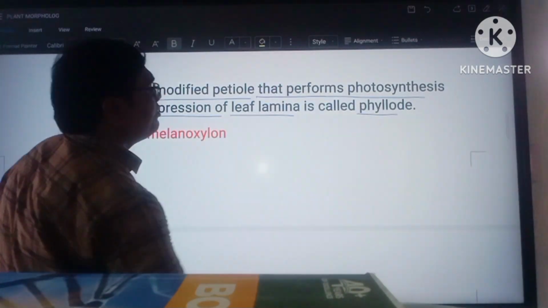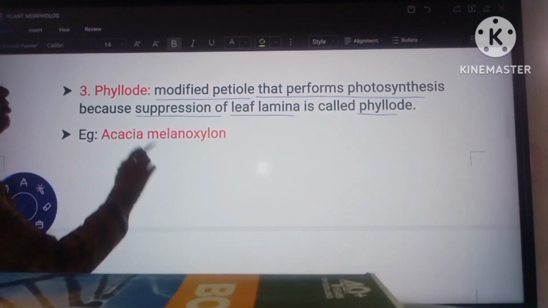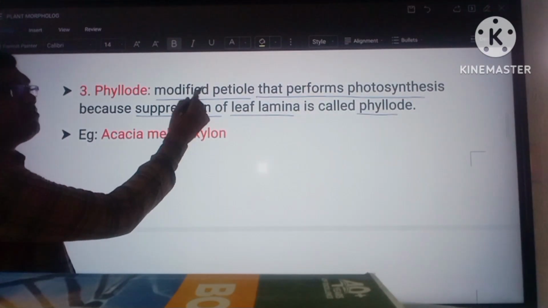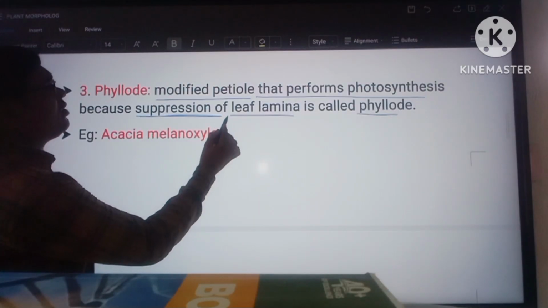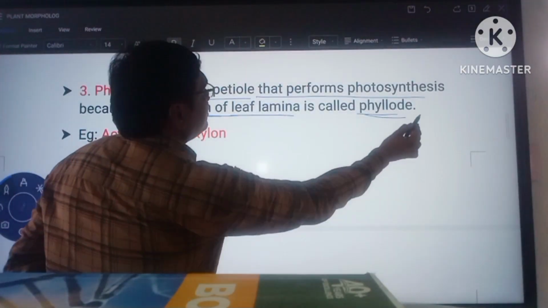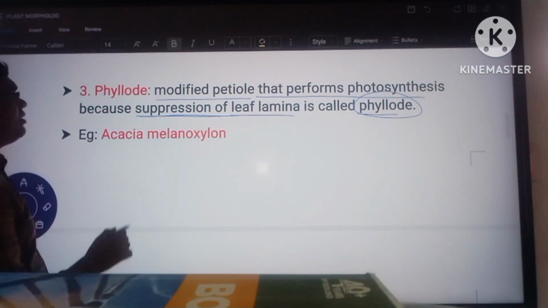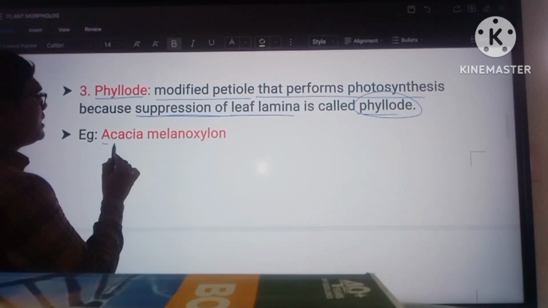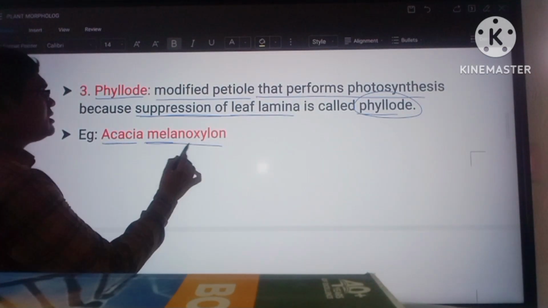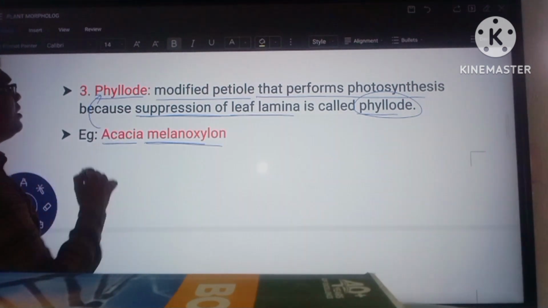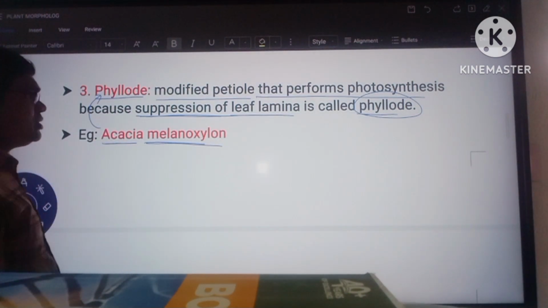What is an example of a phyllode petiole? Acacia melanoxylon is an example of a phyllode petiole.